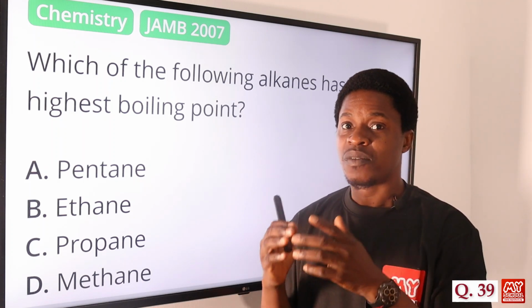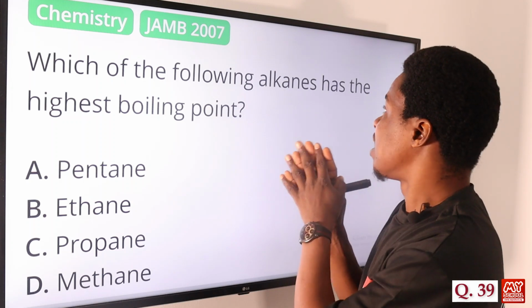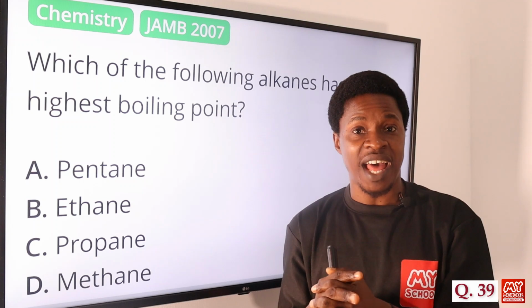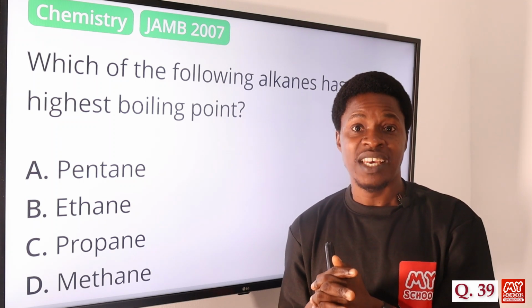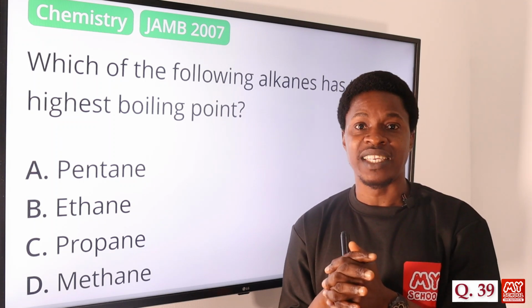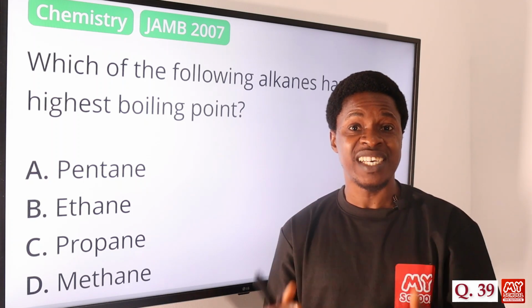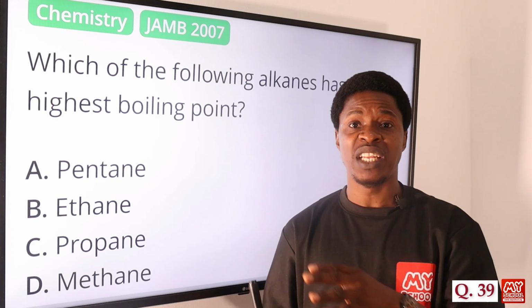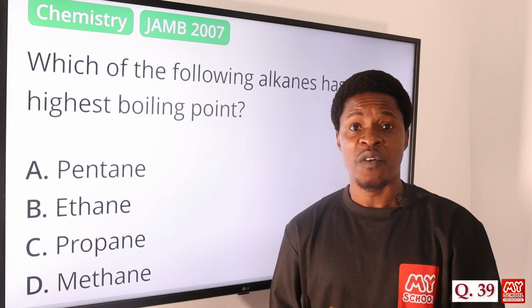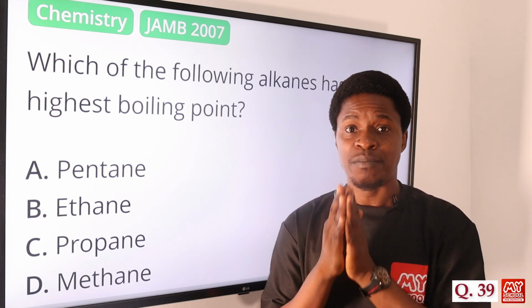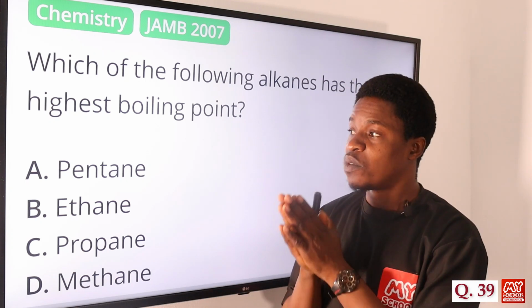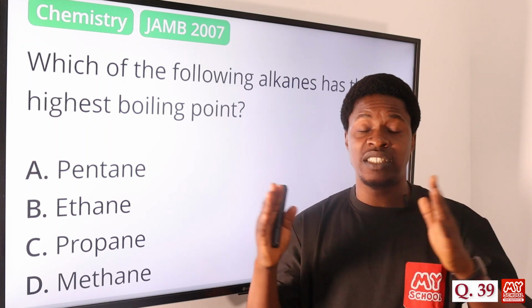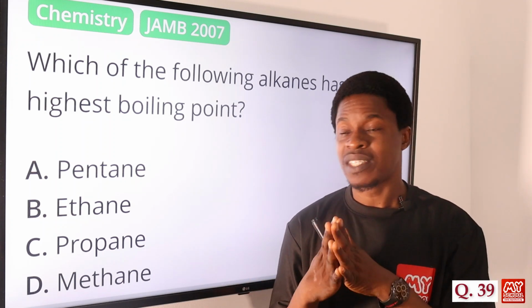In other words, boiling point increases with increase in the molecular size of the particular alkane. This is as a result of the increase in the London dispersion force. When we say London dispersion force, we are talking about the van der Waals forces of attraction that exist between them. So all we need to do now is look, among the options we have, at which one has the largest number of carbon atoms.